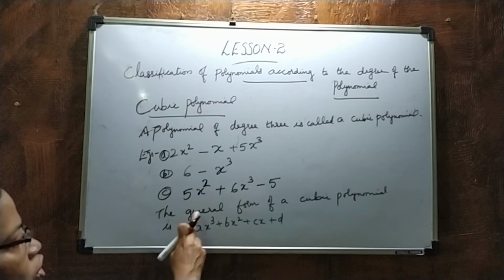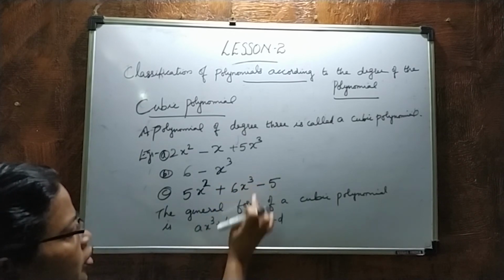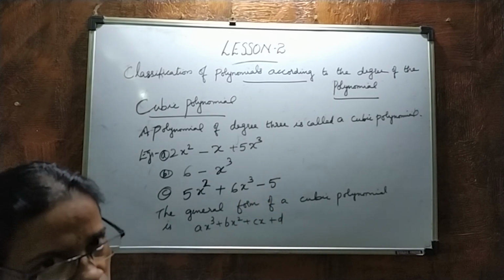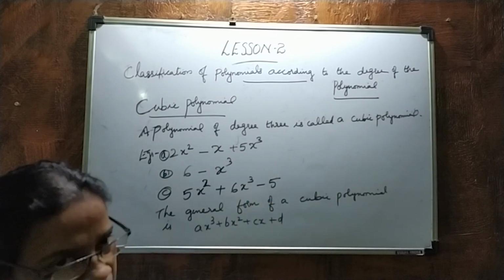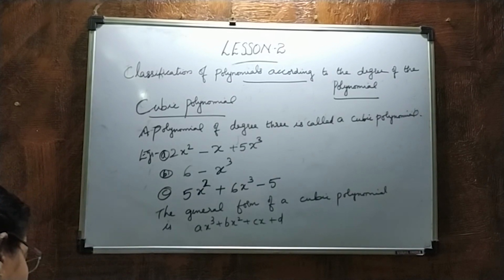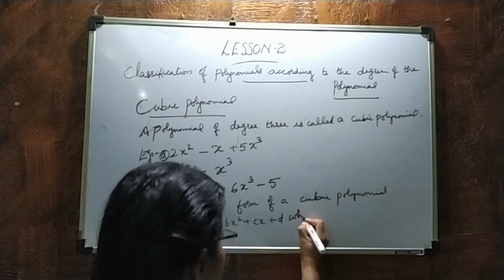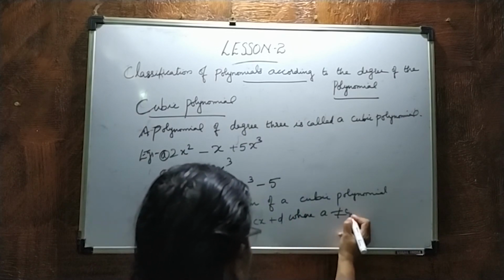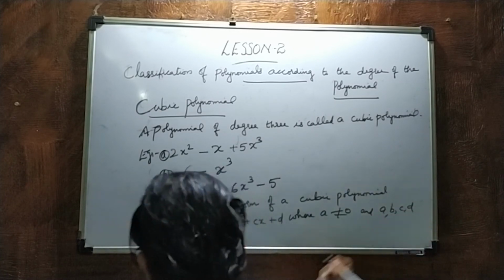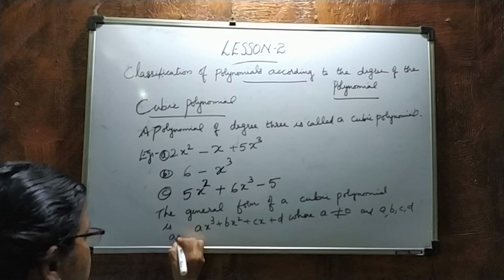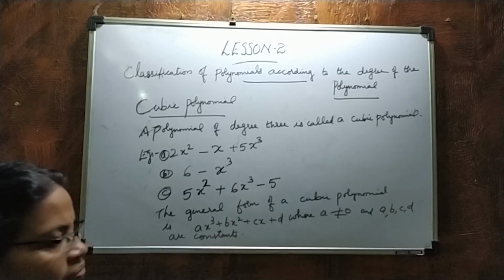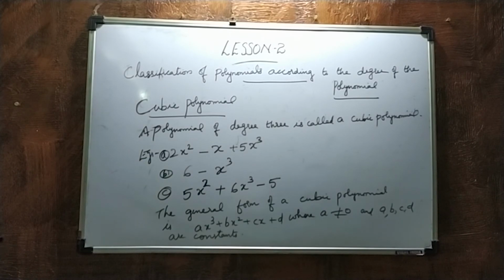Okay, now ax cube, here look, ax cube plus bx square plus cx, cx is not there, it is 0 there, plus d is negative 5. So ax cube plus bx square plus cx plus d, where a not equal to 0 and a, b, c, d are constants. Means a, b, c, d should be numbers. Clear?